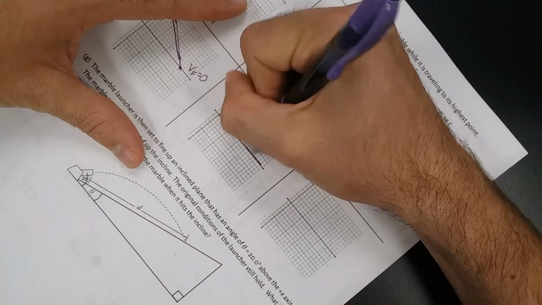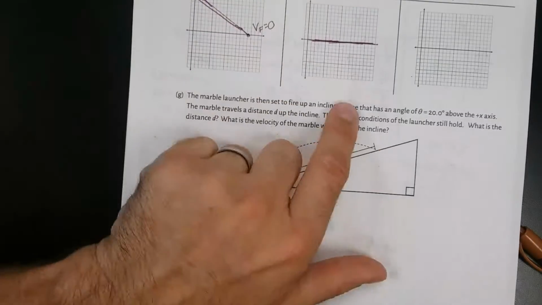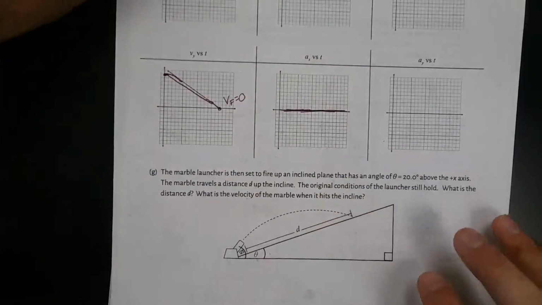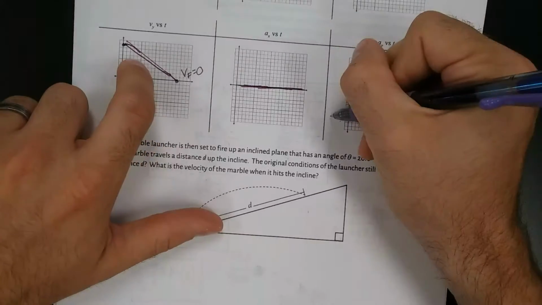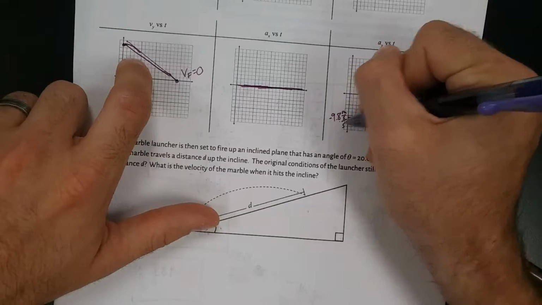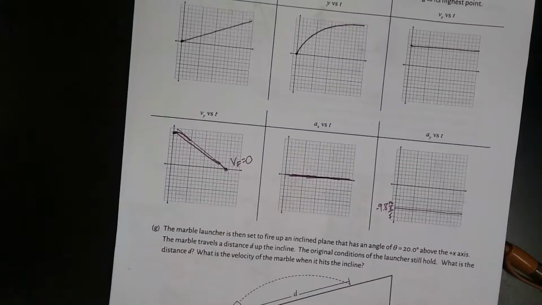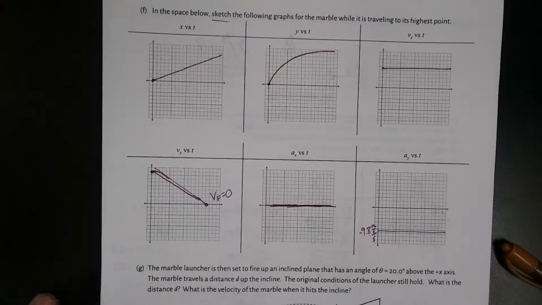And our ax versus t, no horizontal acceleration as this goes. And then our vertical acceleration is a constant negative number. And I actually know what that negative number is. It's negative 9.8 meters per second squared. So those are your graphs for a projectile. Good things to be able to do.